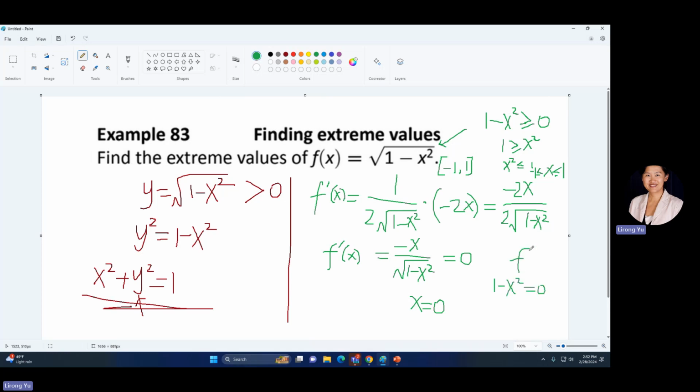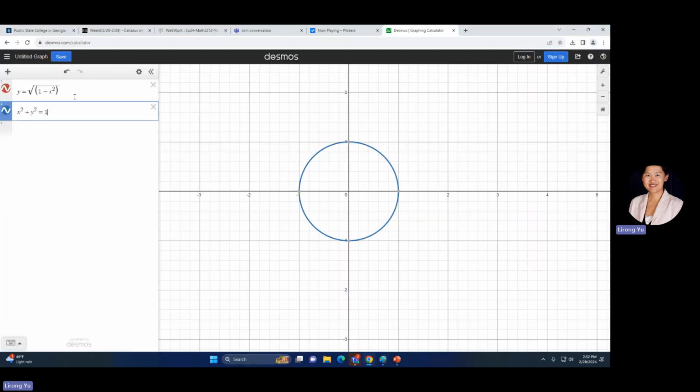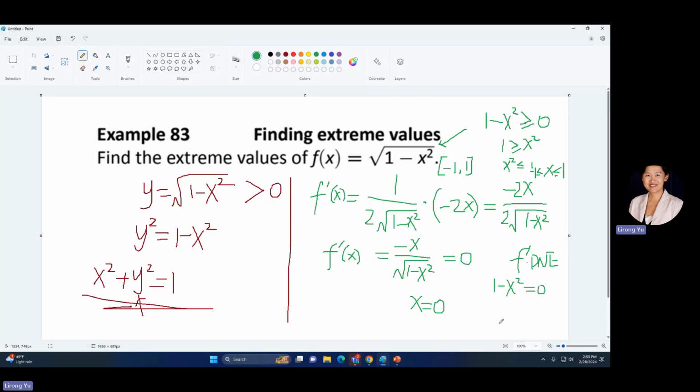That's when the derivative does not exist. At these points there is no derivative, because that was really the boundary for the function. So that will be x equal to 1 or negative 1, where the function is undefined. So the critical points are 0, negative 1, and positive 1, and the endpoints are negative 1 and positive 1.